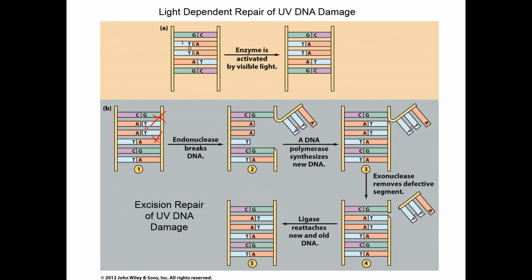As that happens, DNA polymerase comes in and corrects the mistake. As you can see here, you no longer have the thymine dimer. Then this fragment of nucleotides is removed, ligase comes in and glues this gap together, and the damage is repaired.